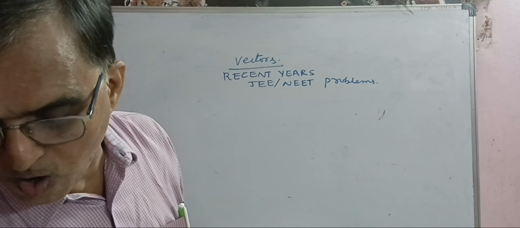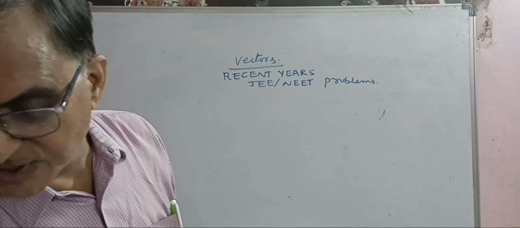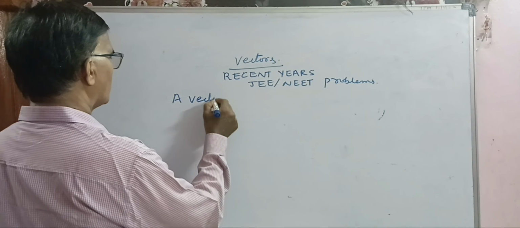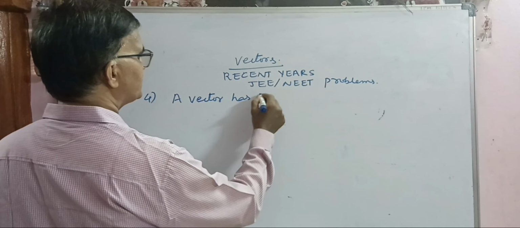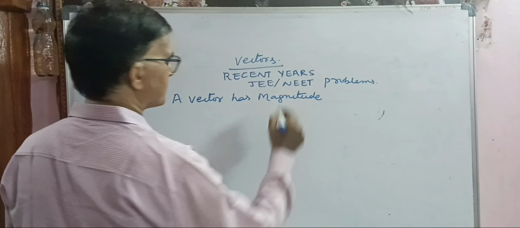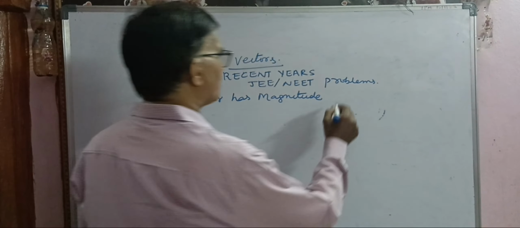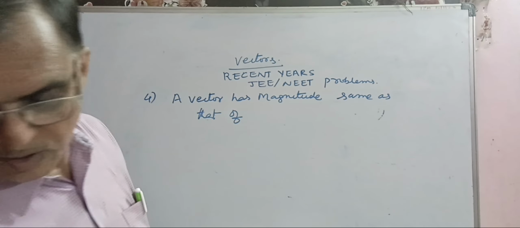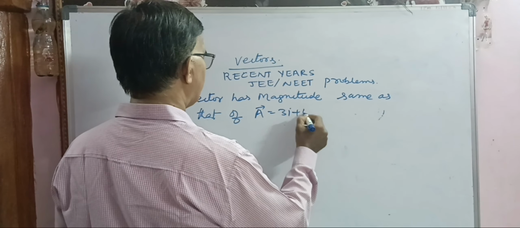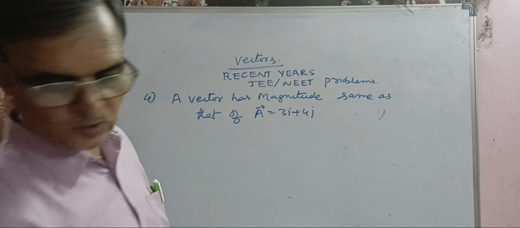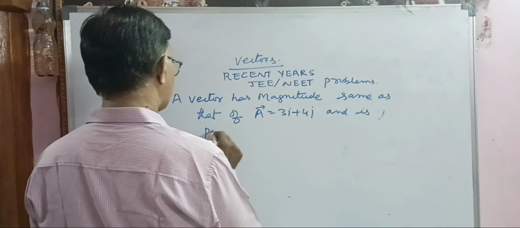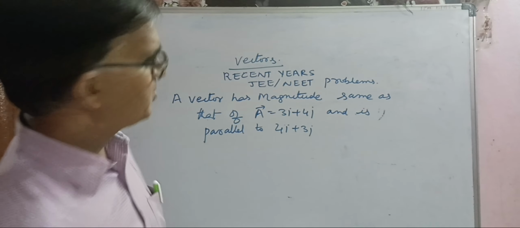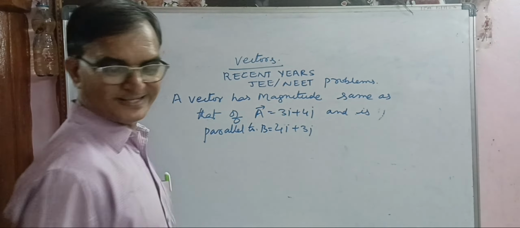Next question. Next question is, a vector has magnitude same as that of 3i plus 4j and is parallel to B equal to 4i plus 3j.